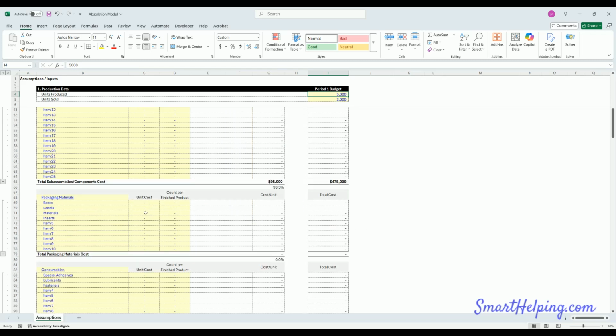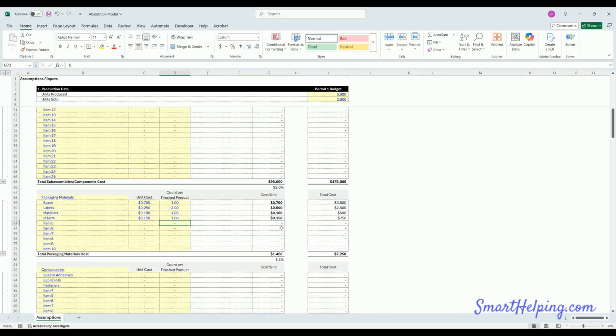We go down, packaging materials, maybe boxes, maybe 70 cents a unit. And we'll just say each unit we need 1 of these. Labels, maybe 25 cents, and maybe 2. Other packaging materials and such could be 10 cents, maybe 15 cents here.